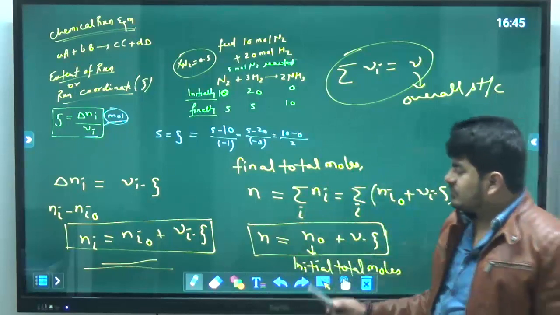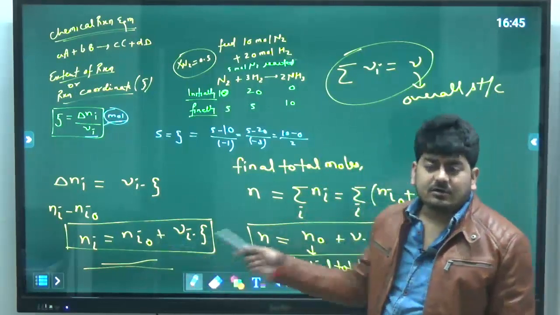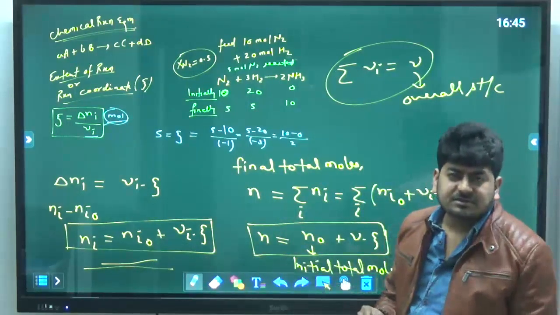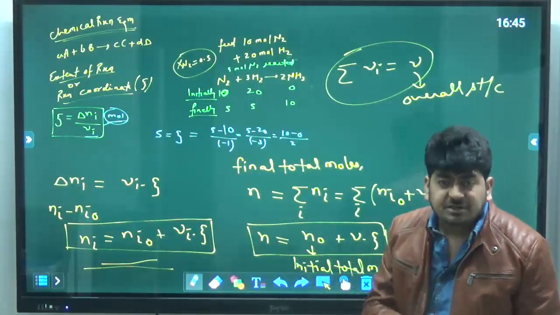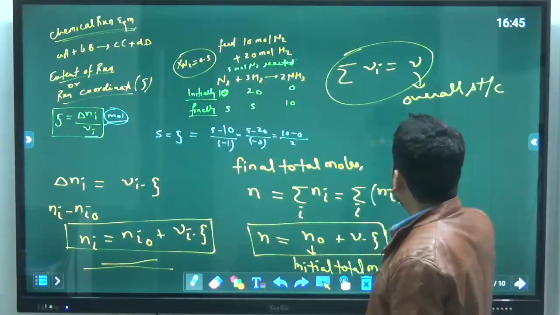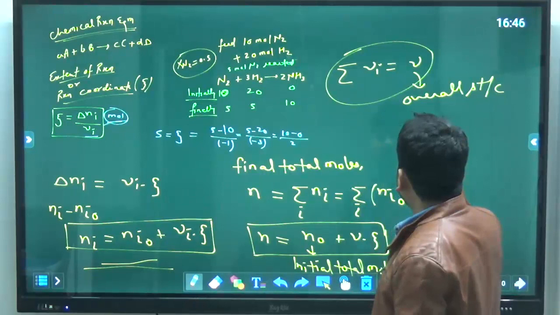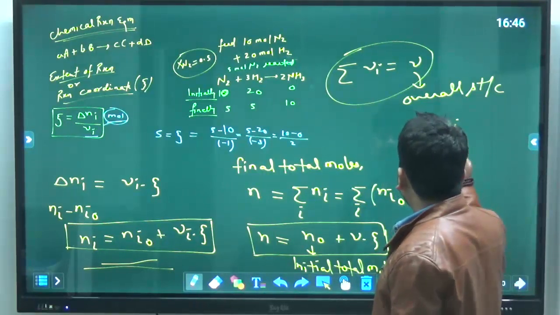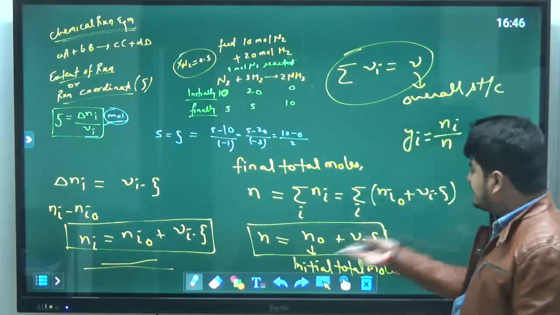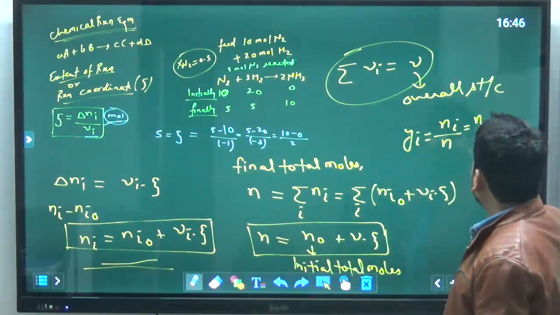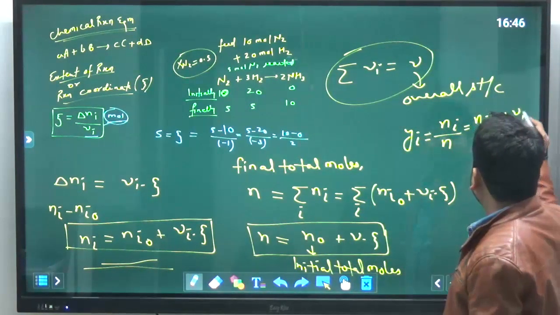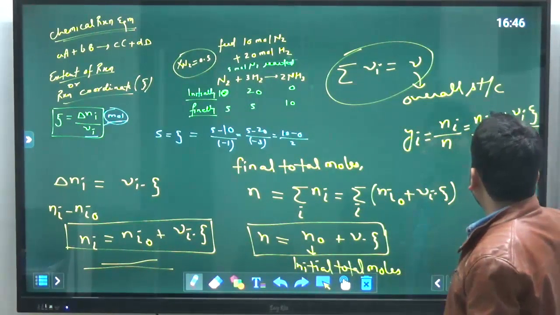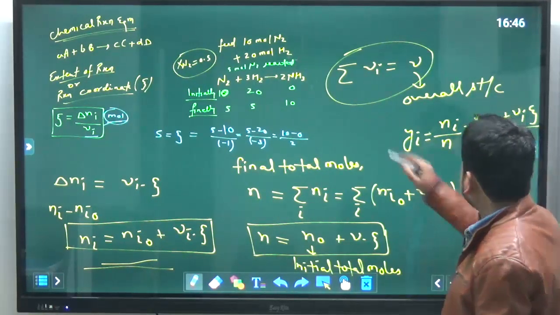So by using these two equations, you can easily calculate the final moles or the final total moles of any reaction mixture. If you want to know the mole fraction, then I hope all of you know that mole fraction is moles of component i divided by total moles. So just put these values here. It will be Ni naught plus nu i into zeta over N naught plus nu into zeta.